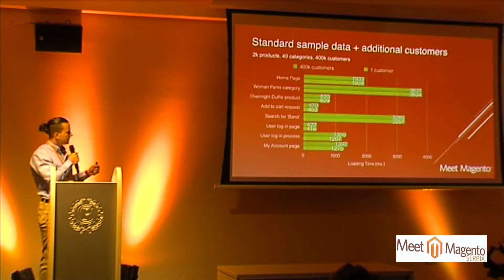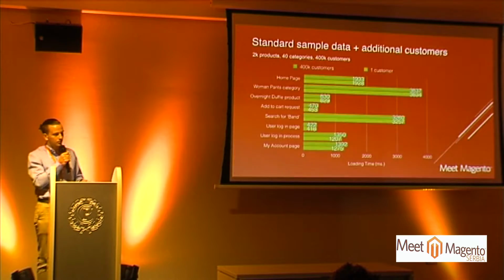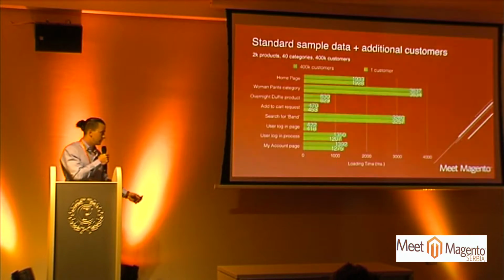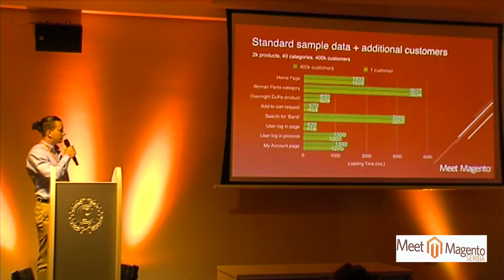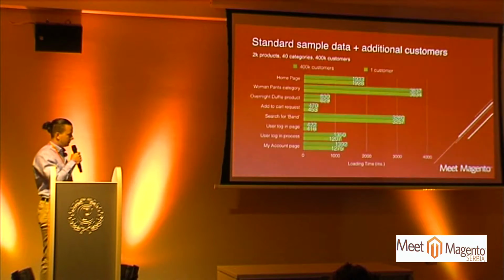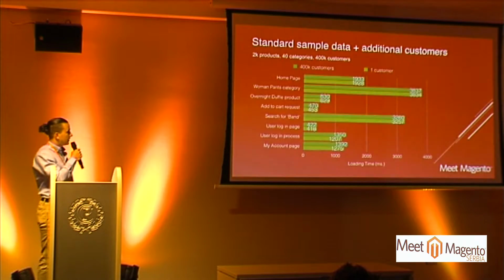And here you can see a good example of it, because as you remember on the login page, we need to request a customer record by email, and email is a text field. And on my account page, we have a lot of additional information, such as customer address, order data, and others, and we have a little bit complex requests there. That's why we have performance decrease on these pages.